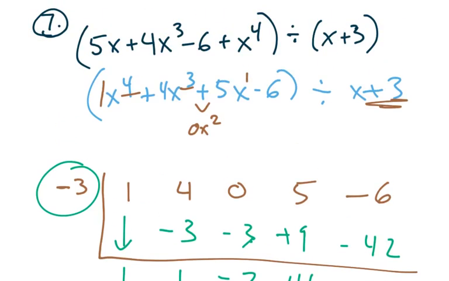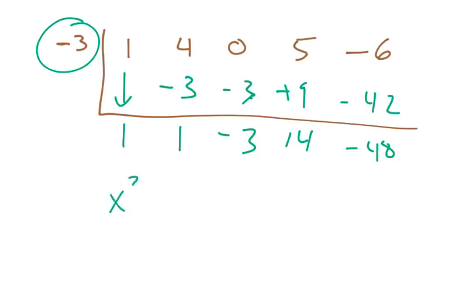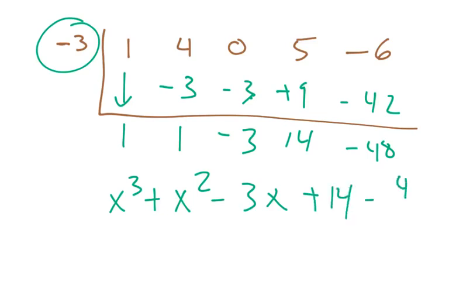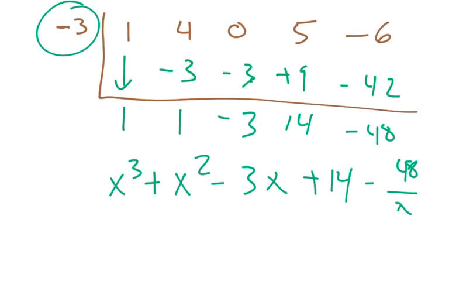Everything drops by 1, so this is x to the 4th. This is going to become x cubed plus x squared minus 3x plus 14 minus 48 over x plus 3. And there you have it.